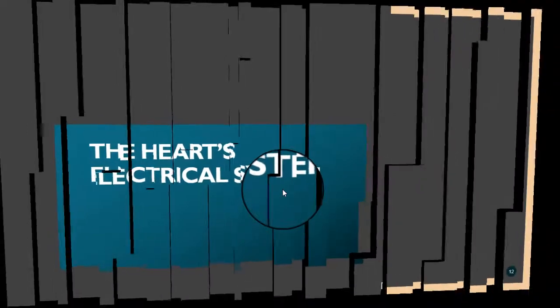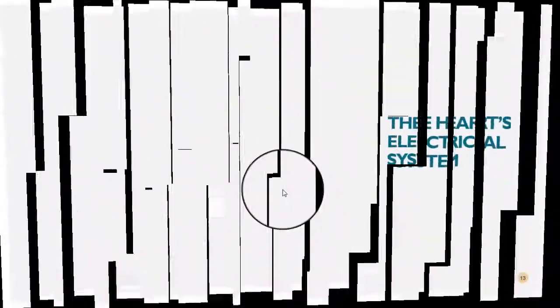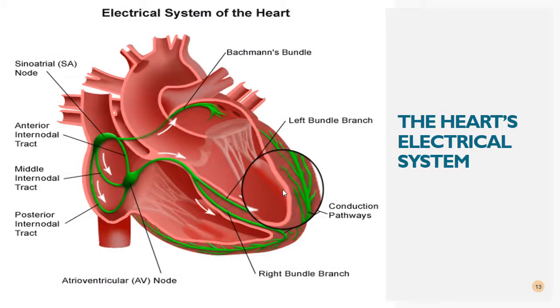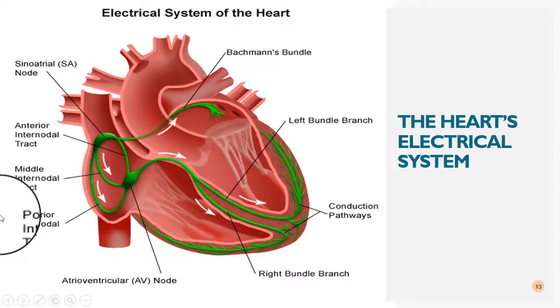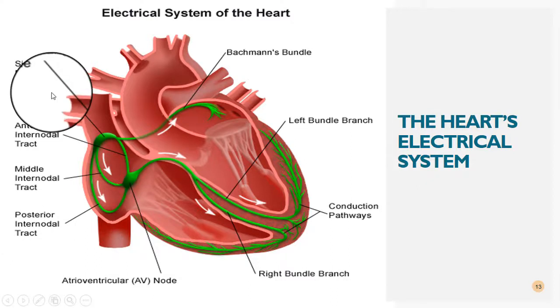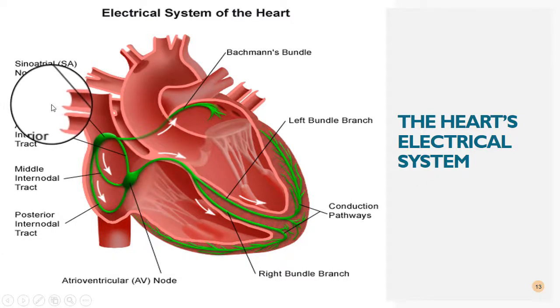Heart's electrical system. To pump blood throughout the body, the muscles of the heart must be coordinated perfectly, squeezing the blood in the right direction at the right time at the right pressure.